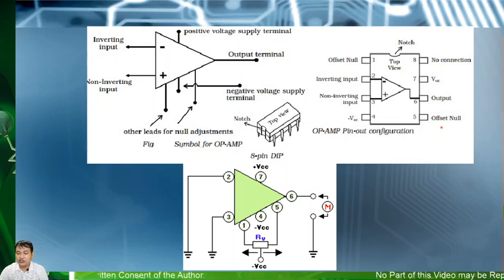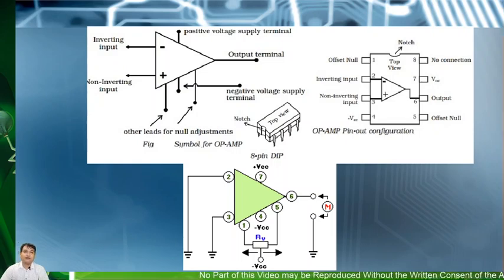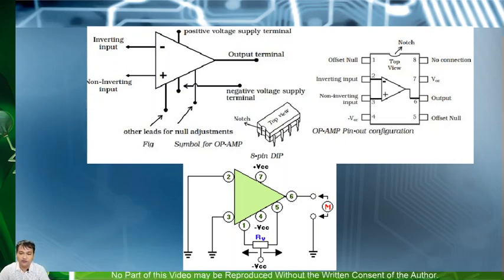And what is the function of this terminal? The function of the offset null pin in the 741 is mainly to remove the voltage difference between the inverting and the non-inverting pins when no input is applied.